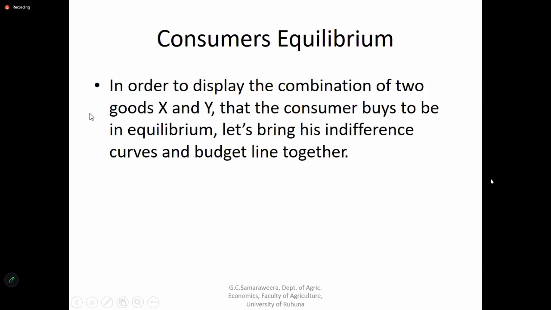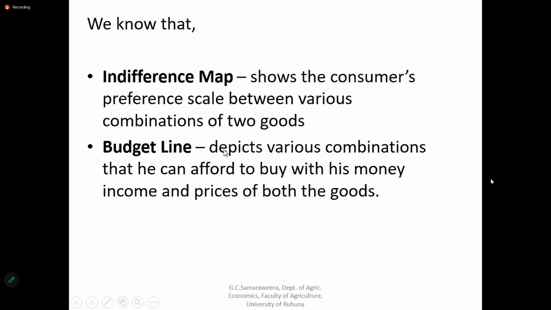Consumer equilibrium means, in order to display the combination of two goods X and Y that the consumer buys to be in equilibrium, let's bring the indifference curves and the budget line together. An indifference map comes, that means a combination of different indifference curves makes an indifference map.